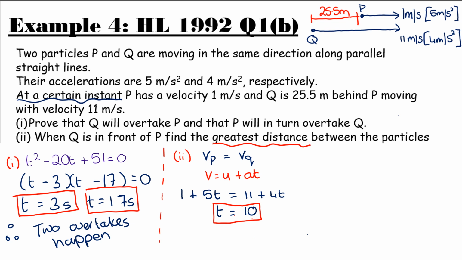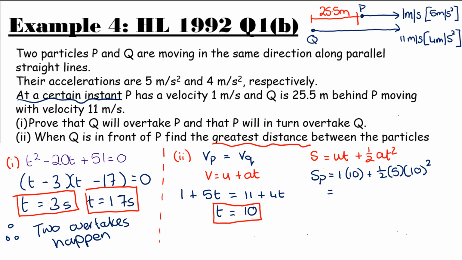However, they wanted to find, well, what is that distance? So what we're going to do is work out the distance traveled first by P. And we're going to use S equals UT plus a half AT squared. And we are going to use the time as 10. So SP is equal to 1 times 10 plus a half times 5 times 10 squared.